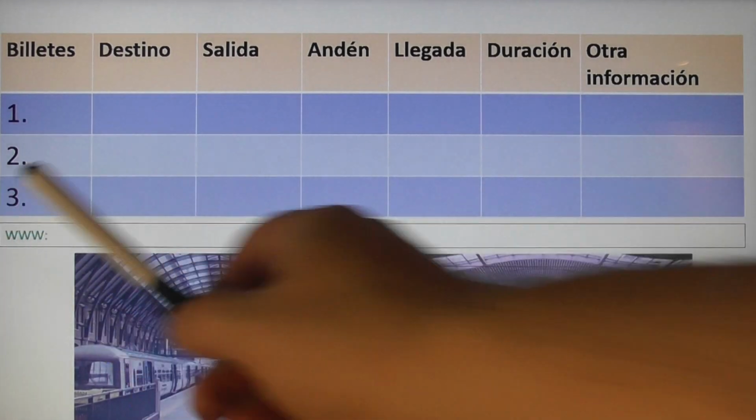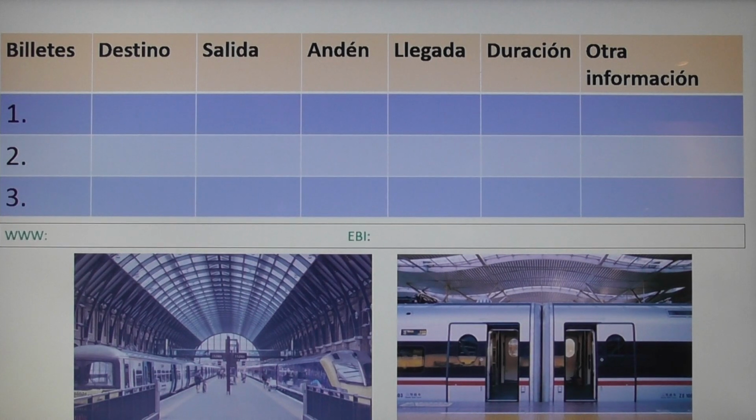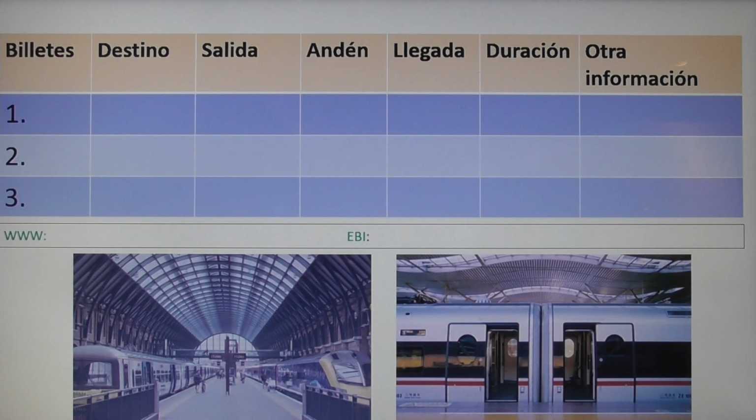Y finalmente, número 3. Buenas, me gustaría un billete de ida para Zaragoza, por favor, para mañana. ¿A qué hora sale y llega el tren? Sale a las 10:30 por la mañana y llega a mediodía. Sale desde el andén 15, pero desafortunadamente no es directo.